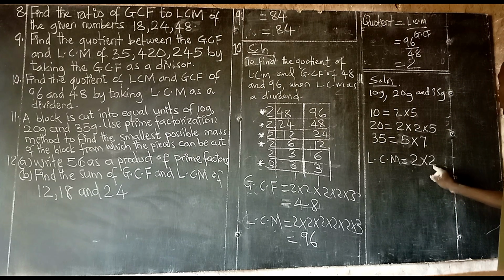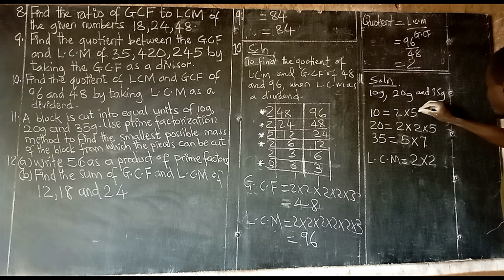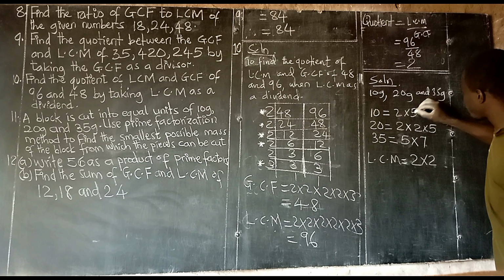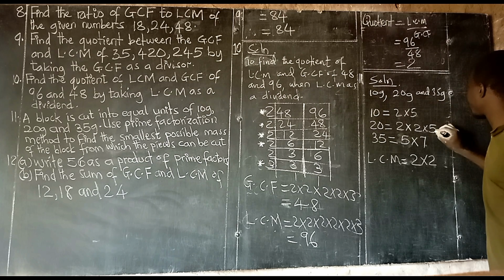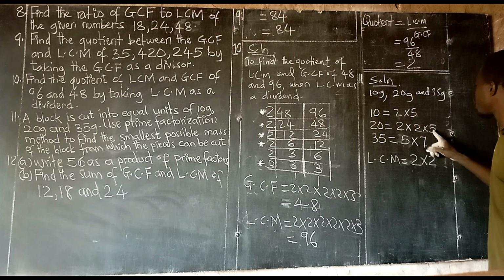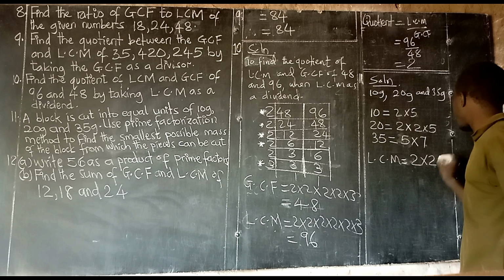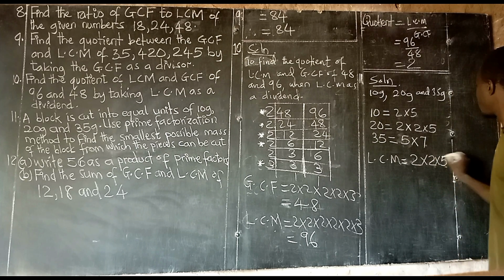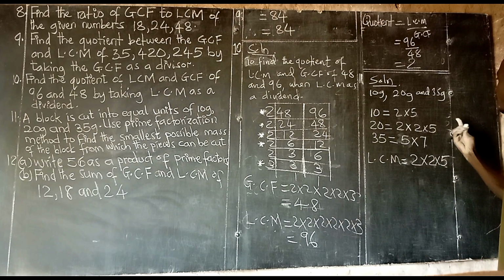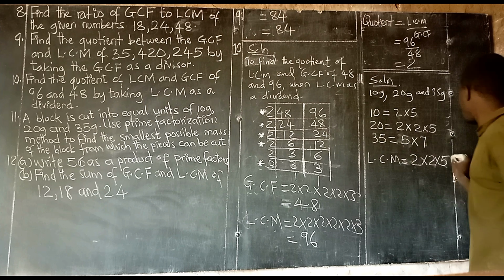What about 5? 5 has appeared once in the first number, once in the second number, and once in the third number, so we take it once. What about 7? 7 has appeared once, only in the third number. So we include 7 as it is.